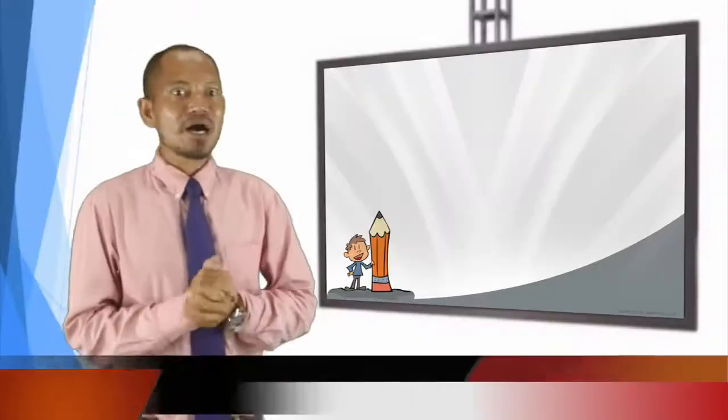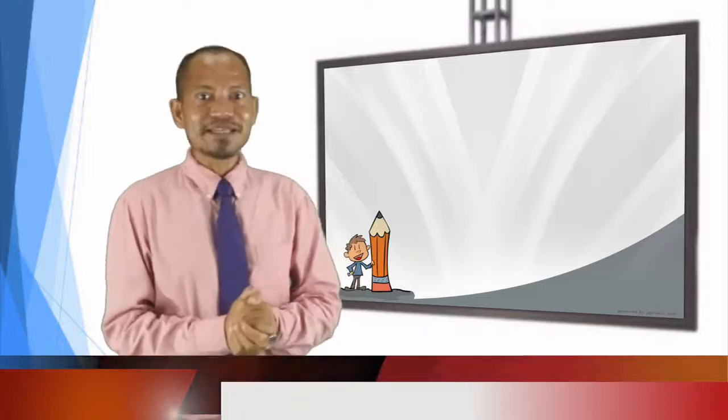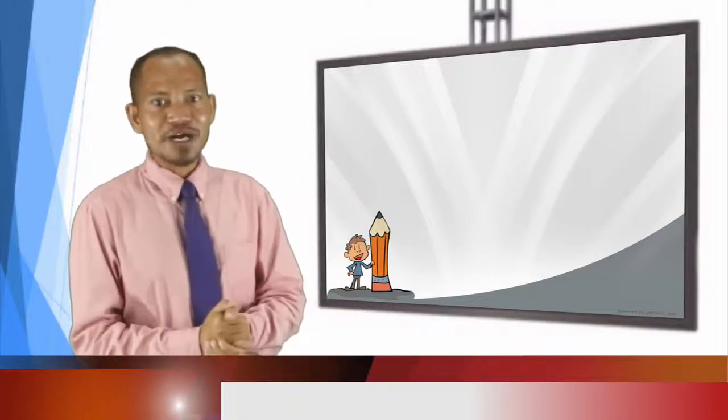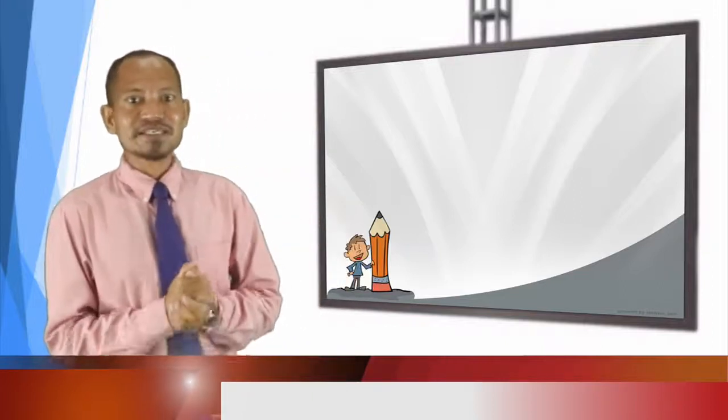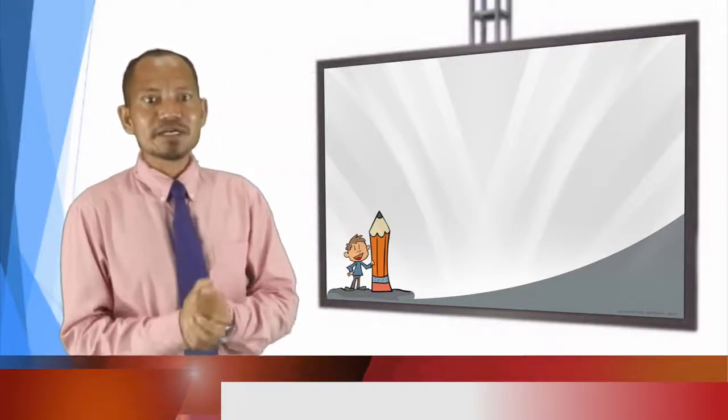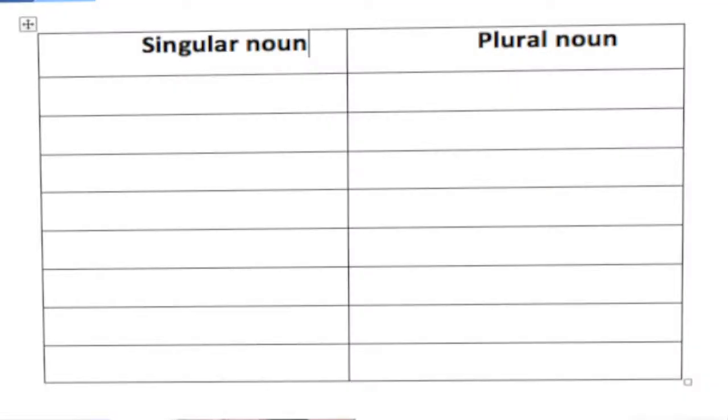However, due to the time limit we have, I would only like to introduce you to some very common ones, as in the following table, plus the example sentences for them in the next column on the right side. Okay, now look at the table there. The singular noun words and the plural noun words are in the singular noun column and the plural noun column.